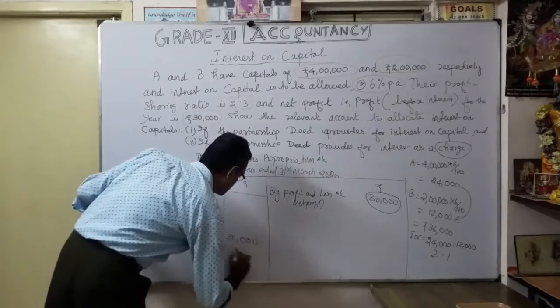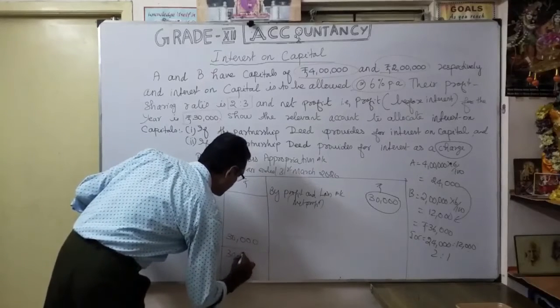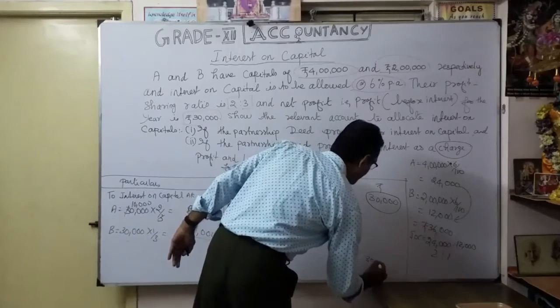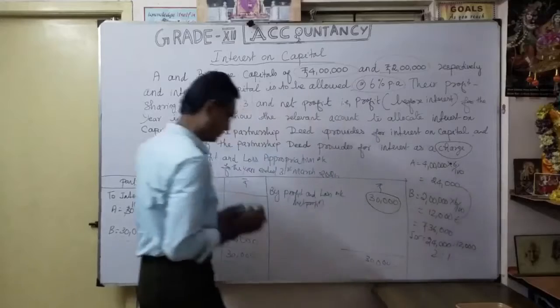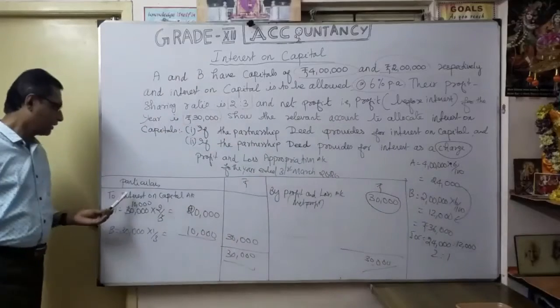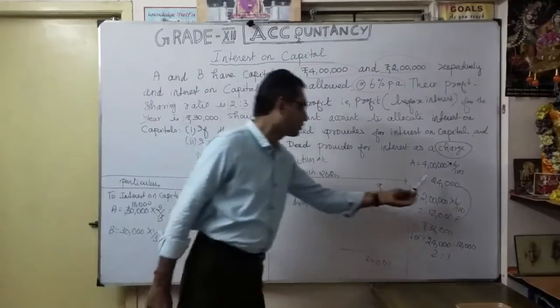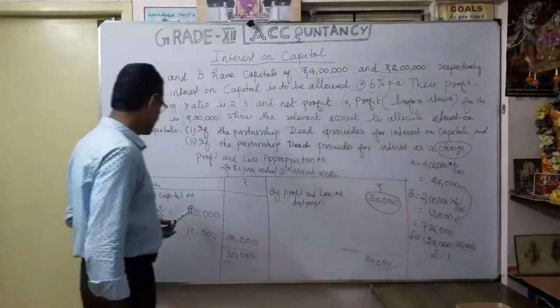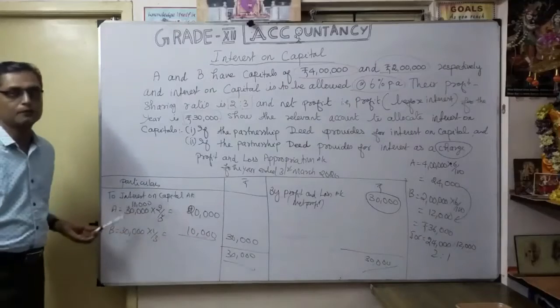Now understood? So all the available profit of 30,000 is distributed. Even though A should get 24,000, due to the available profit of only 30,000, A will get only 20,000 instead of 24,000.